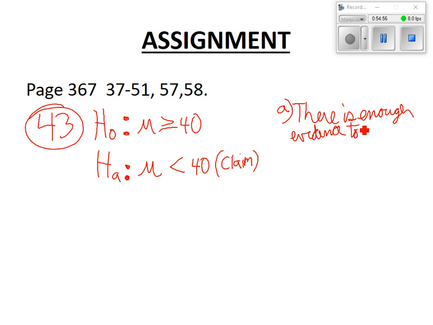Be careful now. To support the claim, is that what it is? Yeah. Make sure, because there's only like one word difference in a whole bunch of these, right? So you got to make sure: evidence to support the claim that what?